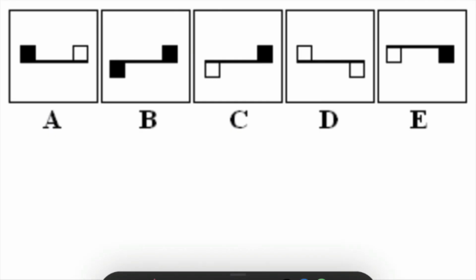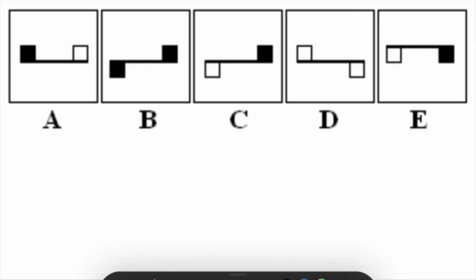Here we have 5 patterns, and the question is, which pattern is the odd one? The odd one means the pattern that is not consistent with what is common among the other 4 patterns. We ask here about the pattern that is strange among the other patterns.